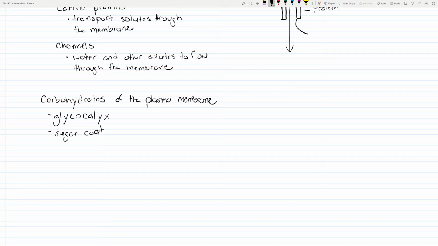That covers all cells. All cells have a glycocalyx. It's made from special sugars called proteoglycans, and you've seen this before: proteoglycans, glycoproteins, and in some cases, glycolipids.